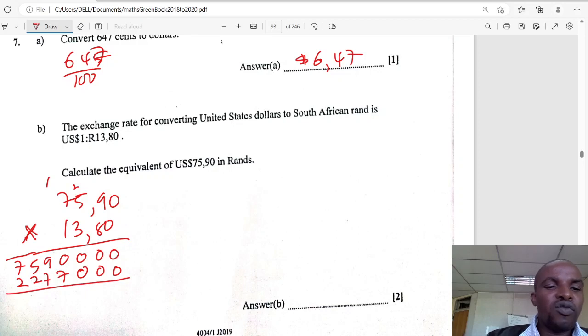Right. Let's move on to 8, the last one. You put your placeholder, then say 8 times 0, 0. 8 times 9 is 72, 2 carry 7. 8 times 5 is 40 plus 7, 47, 7 carry 4. 8 times 7 is 56 plus 4, which is 60.